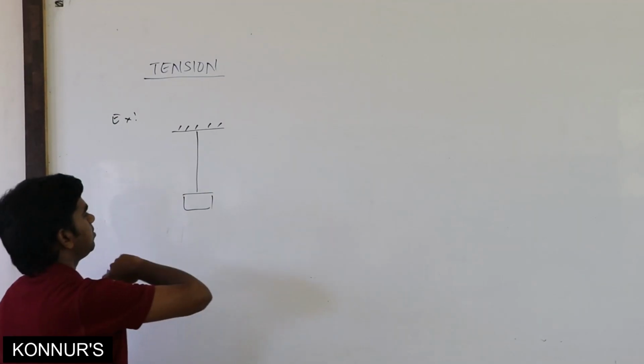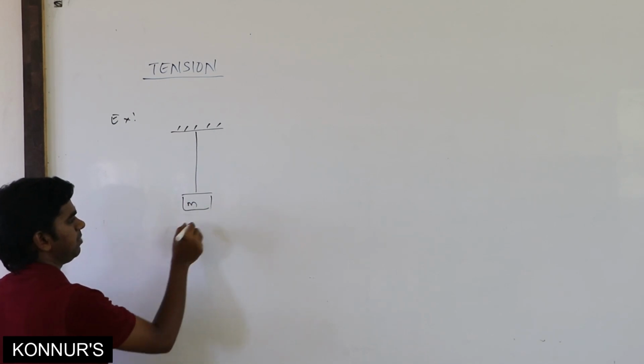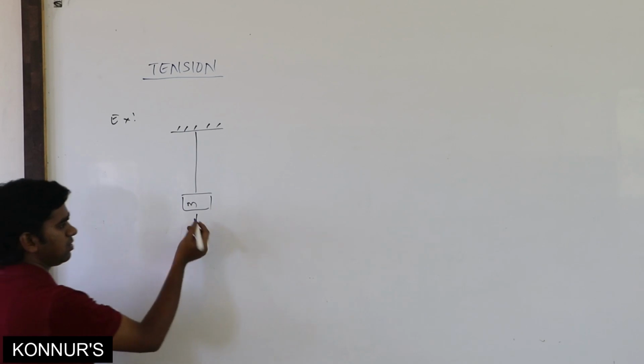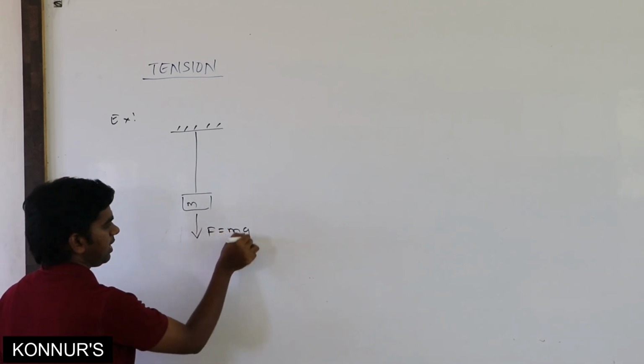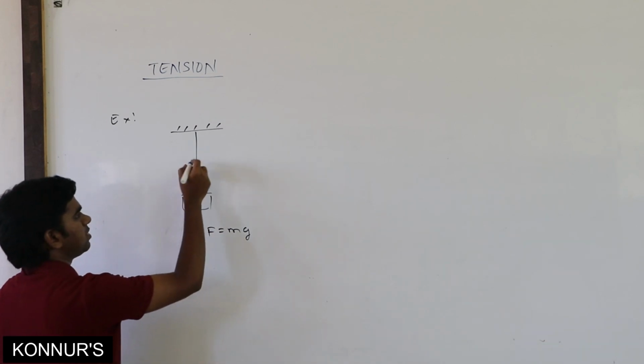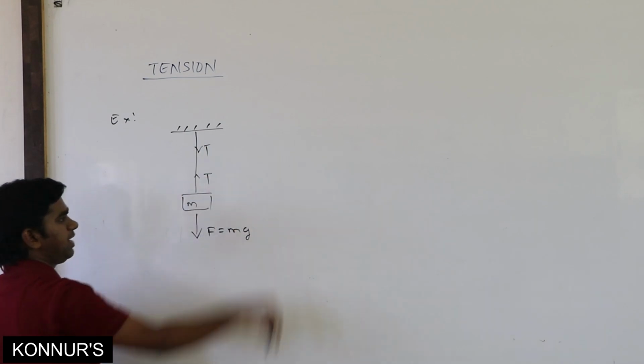Suppose the body is connected like this. If you want to find tension, what is the net downward force? Downward force is nothing but mg. Here in the upward direction, tension is acting.